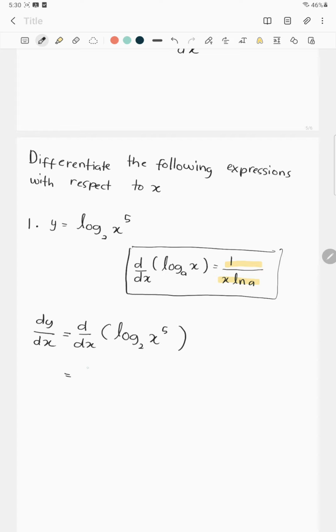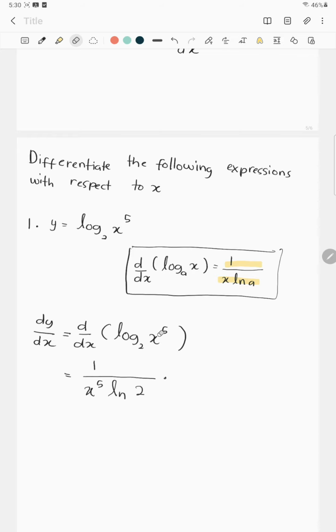So put 1 over x power of 5, then the formula put ln a, where a from the equation is 2. So we write ln 2. Don't forget x power of 5.